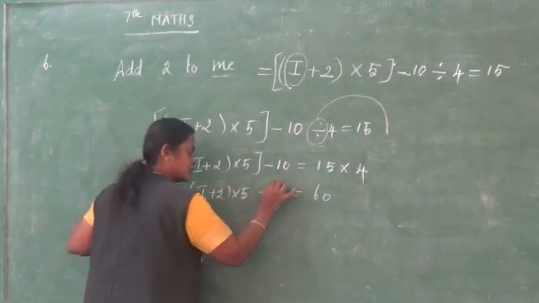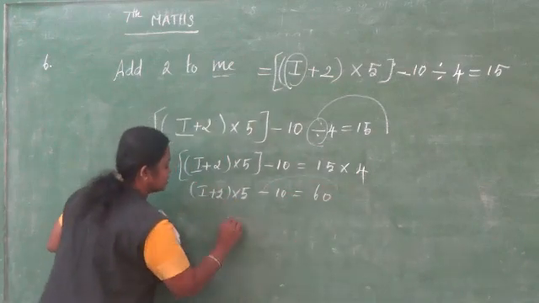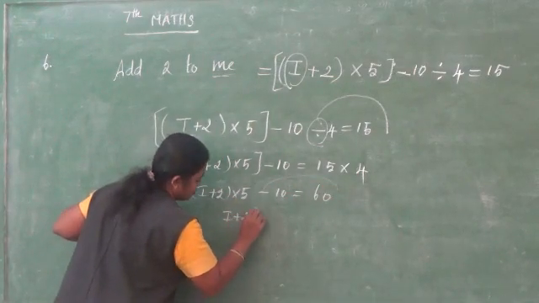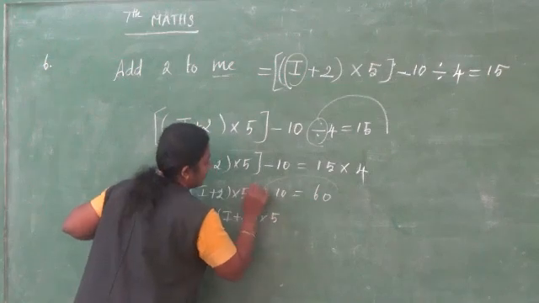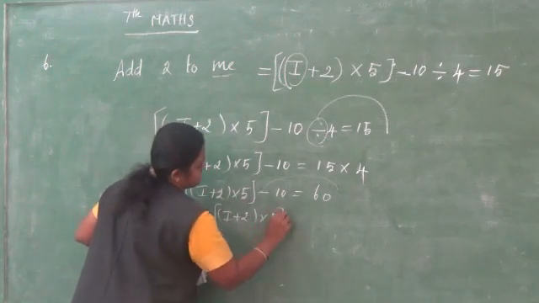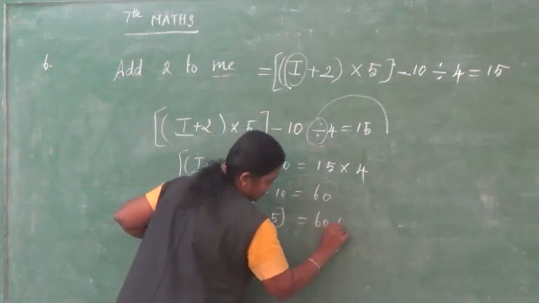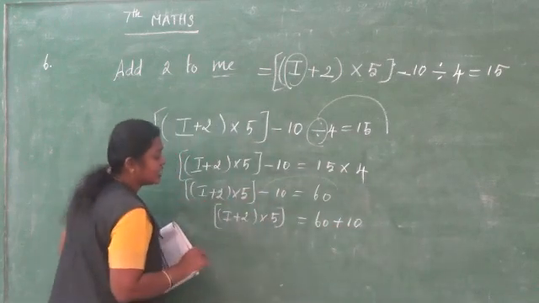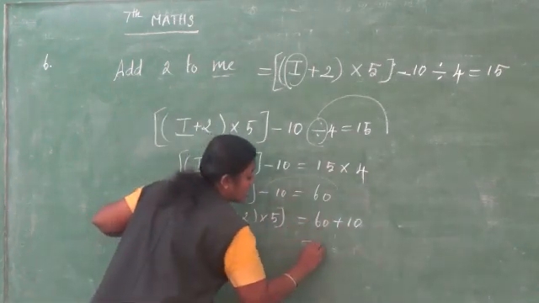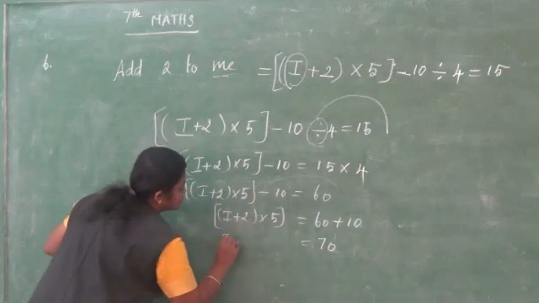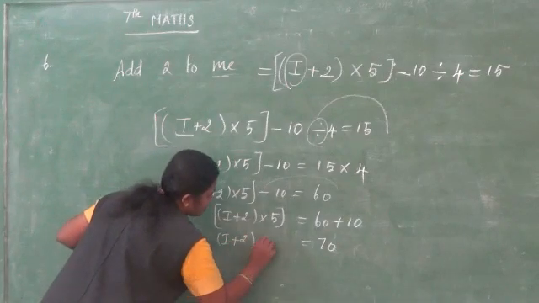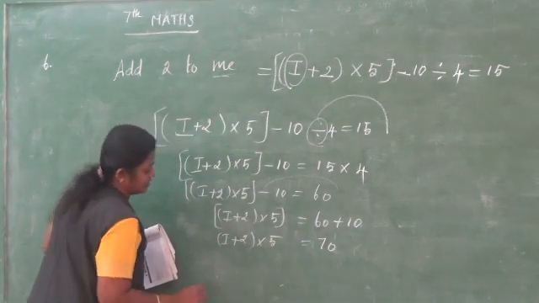Now minus, it goes on that side, it will be addition. So I plus 2 into 5 equal to 60 plus 10. If you are adding 60 to 10, the answer is 70. So I plus 2 into 5 equal to 70.